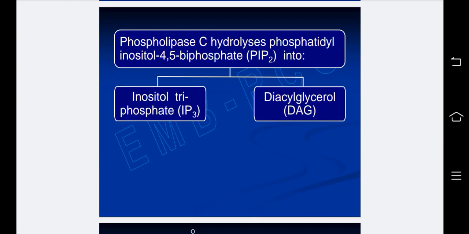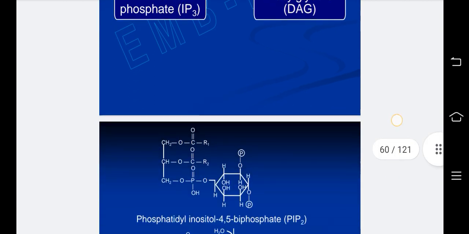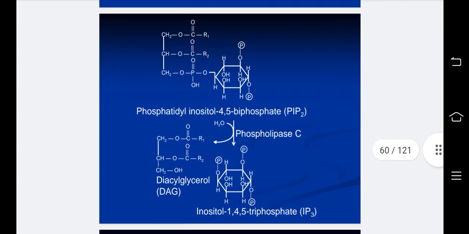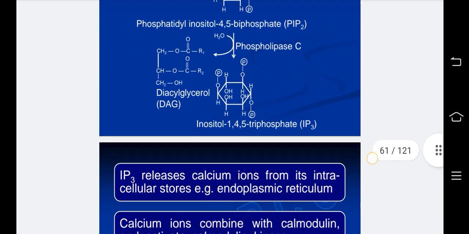Then phospholipase C hydrolyzes phosphatidylinositol 4,5-bisphosphate, PIP2, into inositol triphosphate and diacylglycerol, DAG. Then phosphatidylinositol is shown.